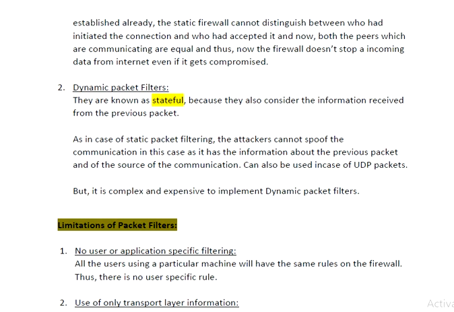Unlike static packet filtering, here the attackers cannot spoof the communication, as the filter has the information about the previous packet and the source of the communication. It can also be used in the case of UDP packets.